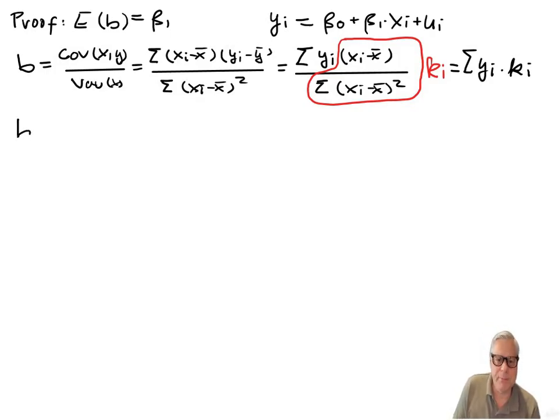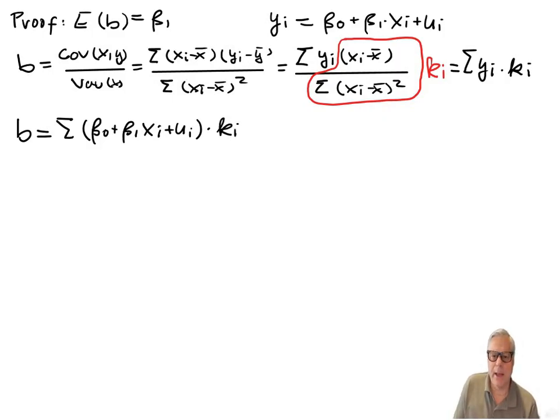So B can be written as the sum of beta 0 plus beta 1 times xi plus ui, times Ki.